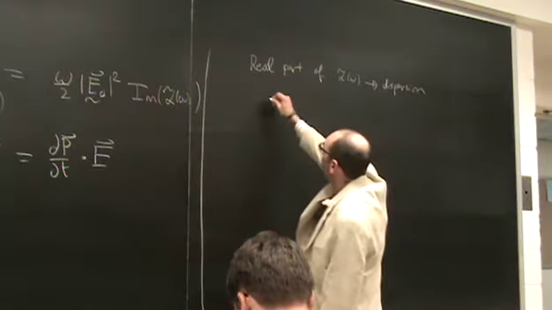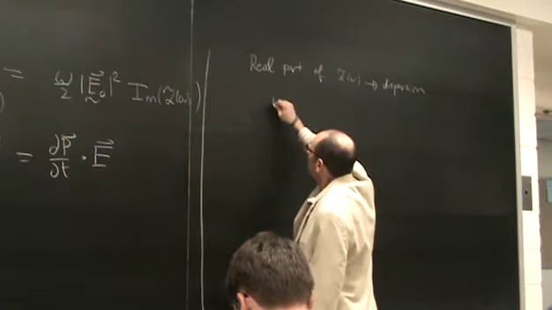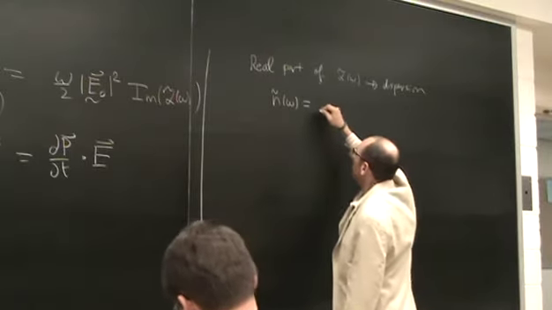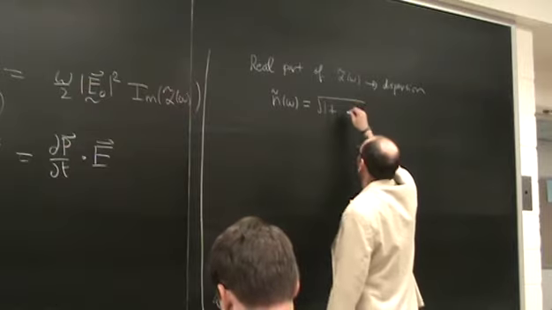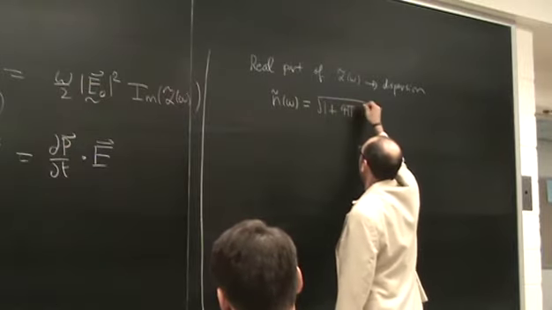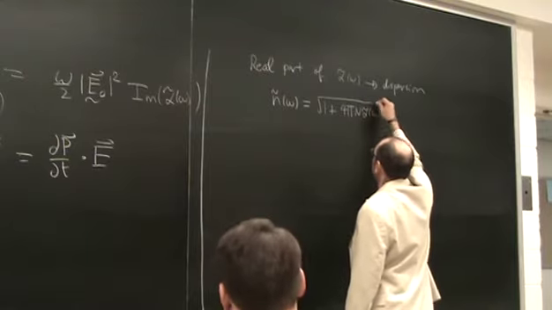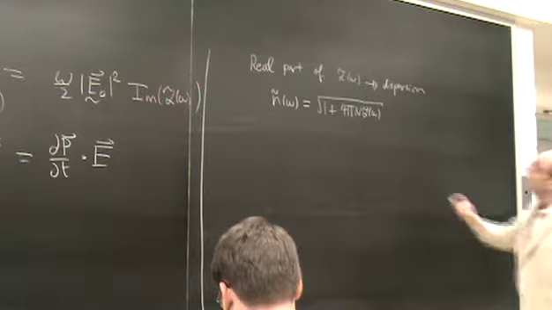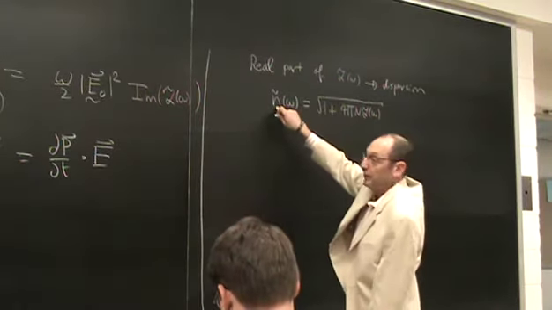Well, we can look now at the index of refraction, which we said was the square root of 1 plus 4 pi n alpha. And if this were real, well, then this would be real.